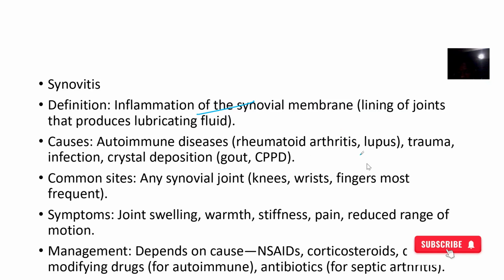It could be caused by several things: autoimmune disease, trauma, infection. Sometimes it's the deposition of crystals there. Common joints that are usually affected include the knees, the wrist, and fingers.